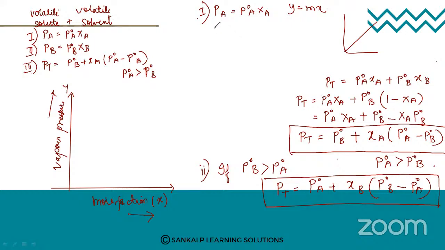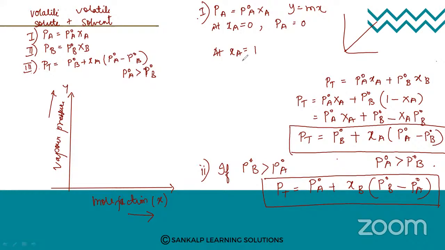Now, if I take the conditions chi of A equal to 0 and chi of A equal to 1, what will we get? If chi of A is 0, then P_A will be equal to 0.